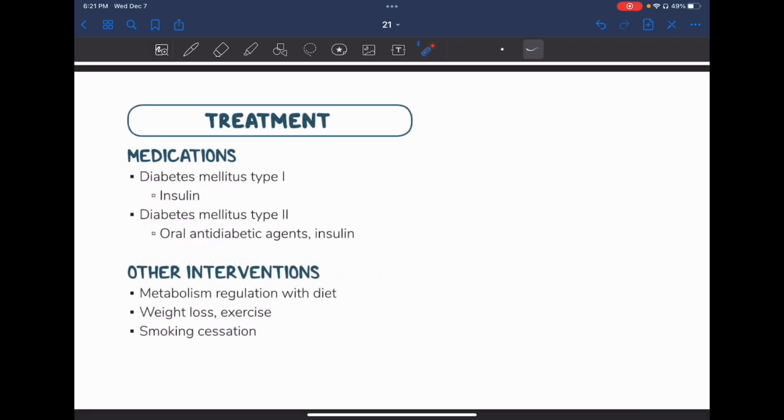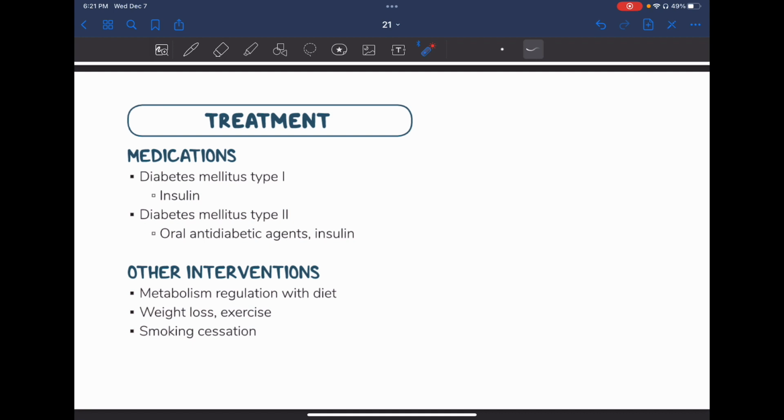About treatment, medications. It depends on what type of diabetes we have. If it's diabetes type 1, they inject some insulin to the patient. And if it's diabetes type 2, they can inject some insulin and oral anti-diabetic agents.